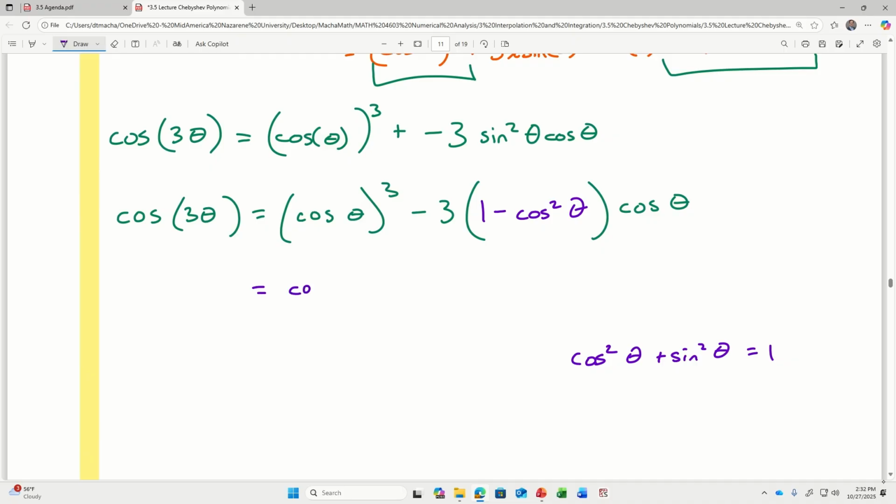And that means I can write cosine theta cubed plus, 2 negatives make a positive, so it's 3 cosine theta cubed minus 3 cosine theta.